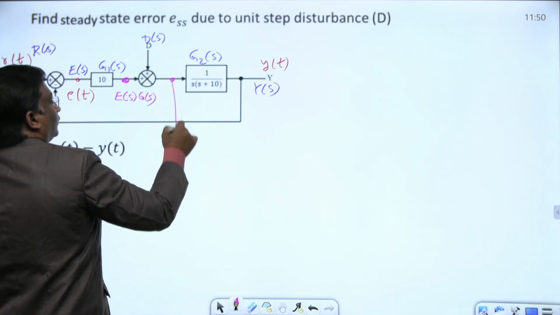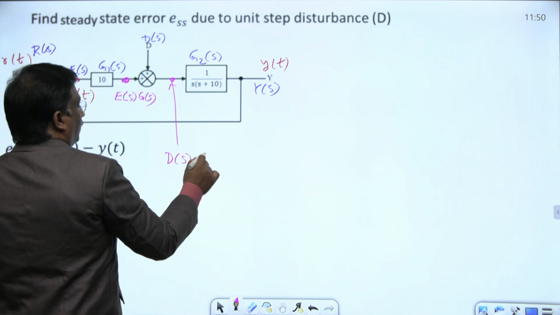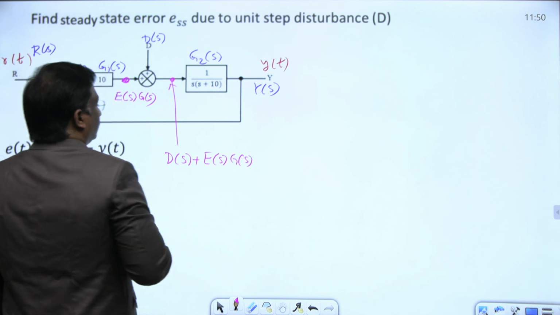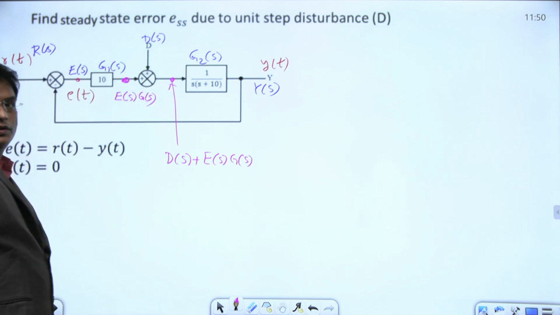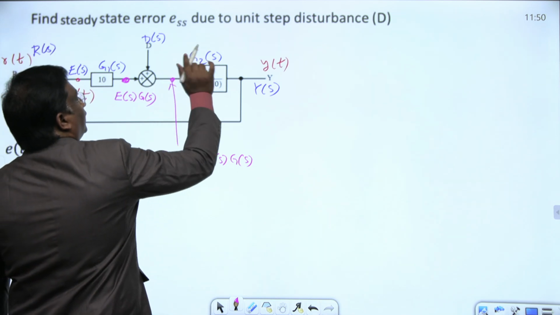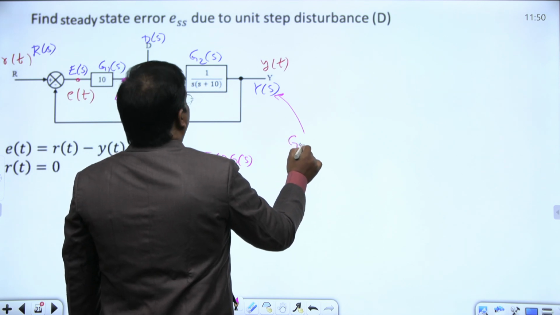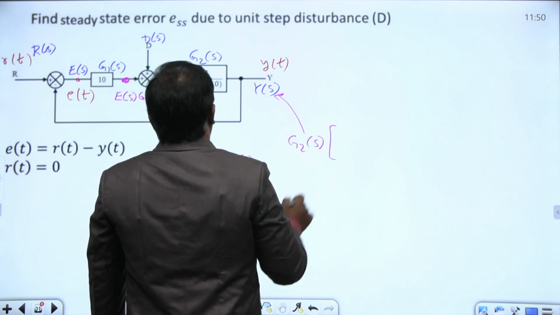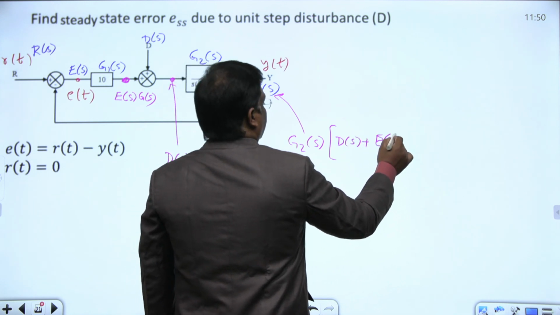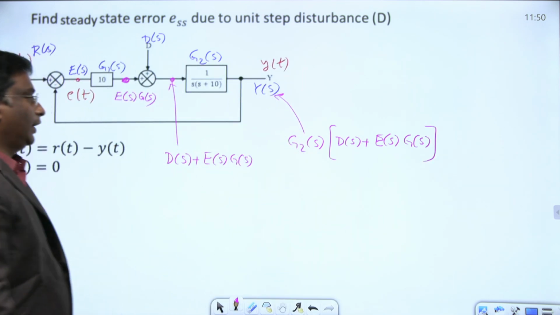Here this one is nothing but D of S plus E of S into G1 of S. Next, this function multiplied by this one will give the output Y of S. What is this Y of S? G2 of S into D of S plus E of S into G1 of S. That's Y of S.